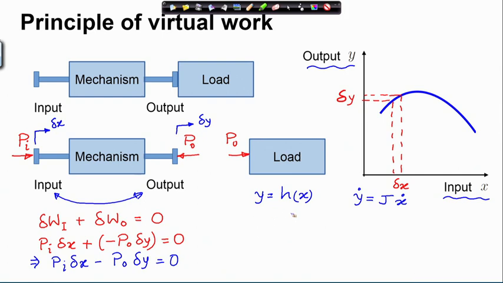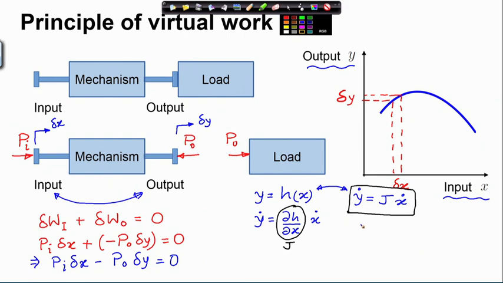Now, you can very easily relate these input output relations by differentiating this displacement relation with respect to time, and that is what we have done. And therefore, this term is nothing but the Jacobian. So, we have the input output velocity relation for the mechanism.